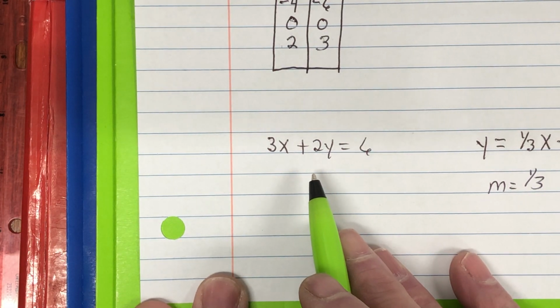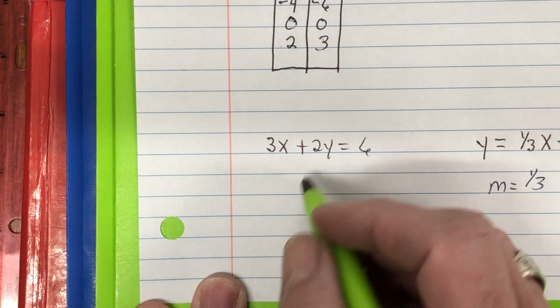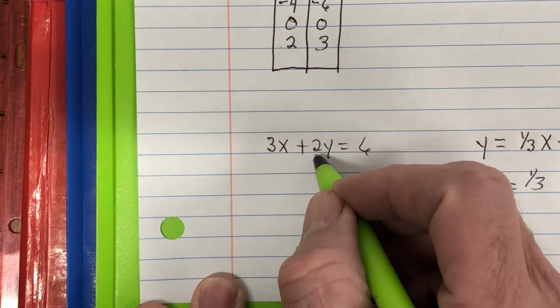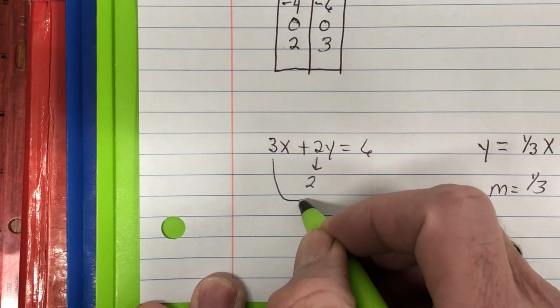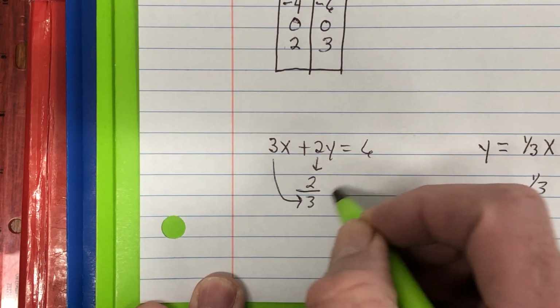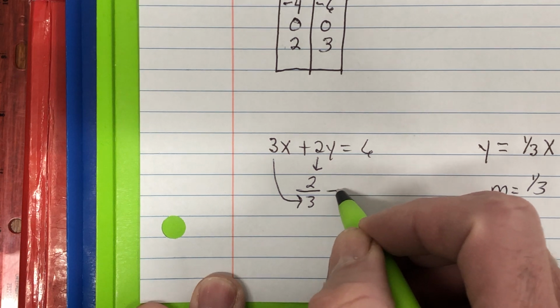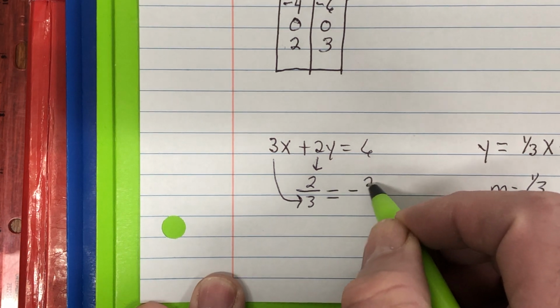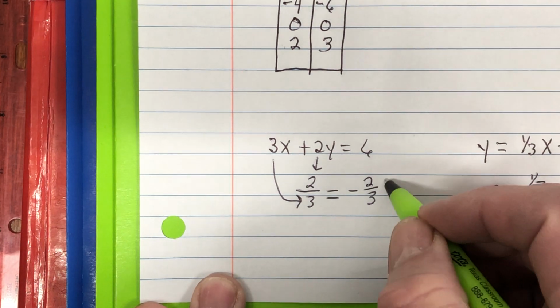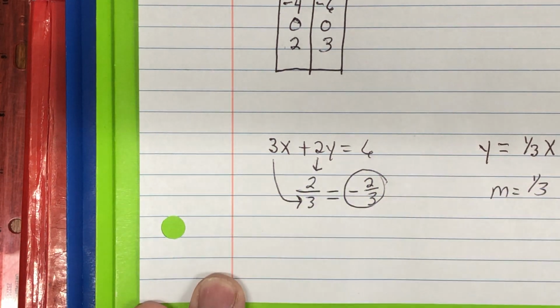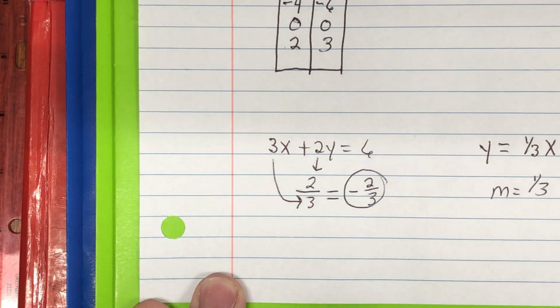Well, here's an easy way of getting the slope. Take the number for y, divide it by the number from x for x, and then change the sign. It's positive because they were both positive. Now make it negative. The slope from this equation is negative 2 over 3.